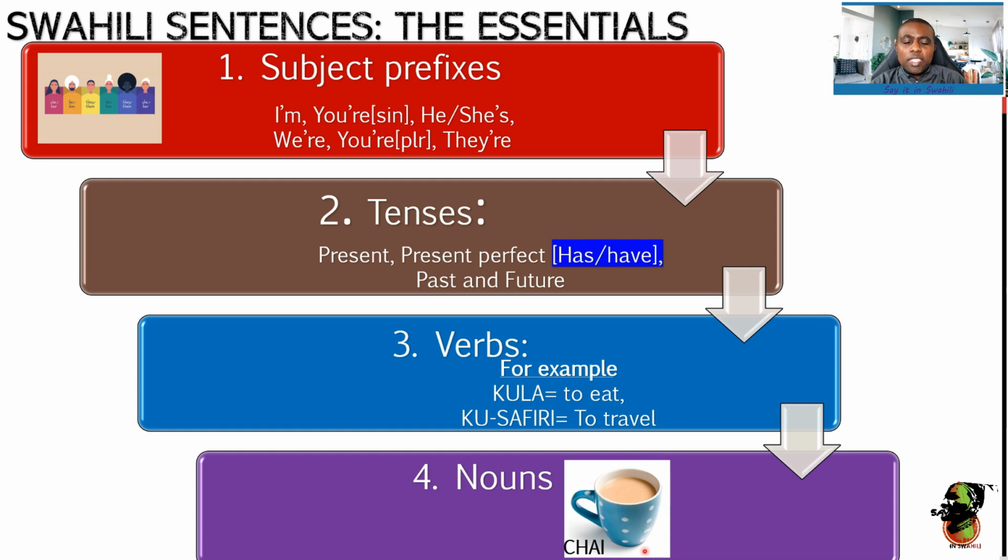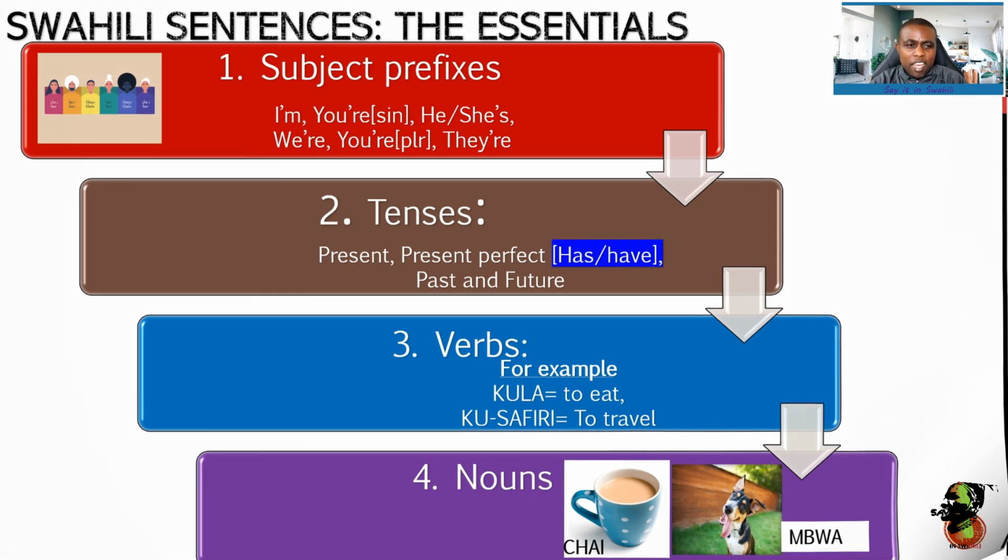Do you remember the word tea in Kiswahili? Chai. Dog. How do you say dog in Kiswahili? Mbwa. Those are other things that are going to come into our sentences, but as additions. But for now, the main things that you need to understand are the subject prefix, tense, verbs, and then nouns.